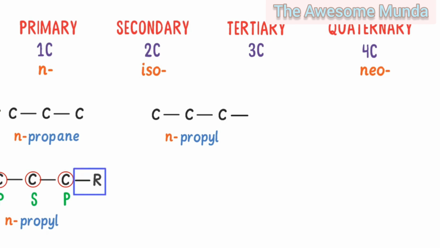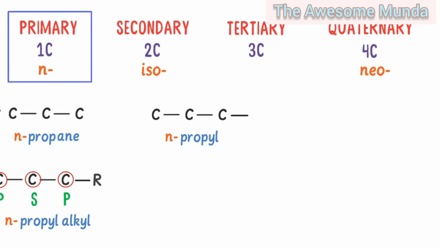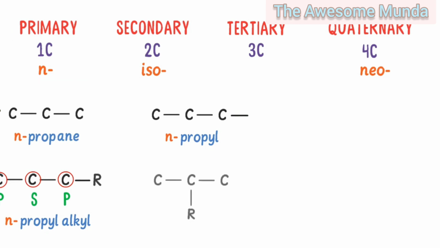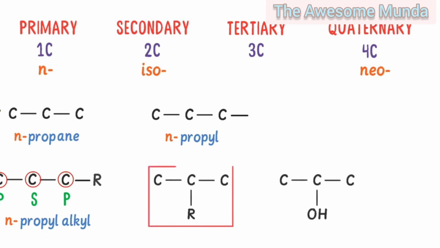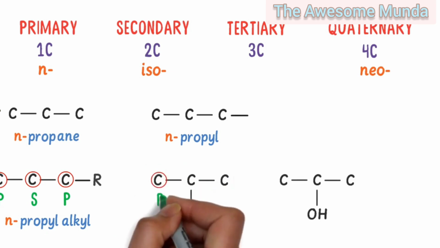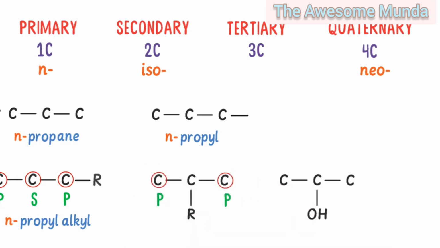For R, I write alkyl. Remember that I do not name it primary propyl. That's why I have written N below primary. So this is N-propyl alkyl. Now consider this organic compound and this organic compound. In this organic compound, this is primary carbon, this is also primary carbon, and this is secondary carbon. Here, the alkyl group is bonded to secondary carbon, so how can we name it?